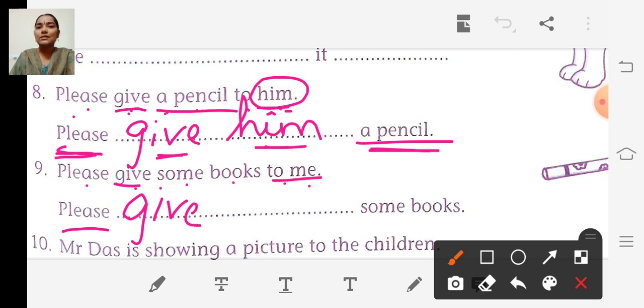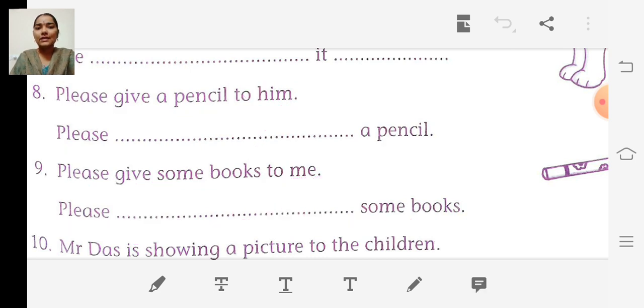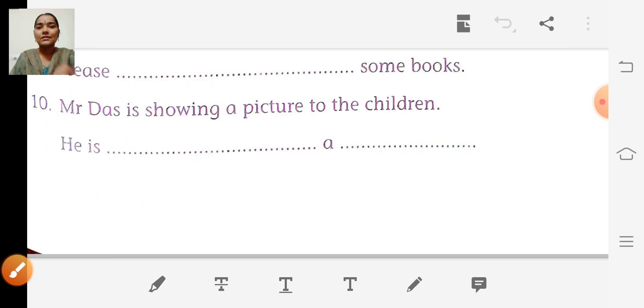To me, isn't it? So, we have to write as it is. Please give me what? Some books. So they have written some books. Okay. Please give me some books. Okay. Is it clear? Yes.